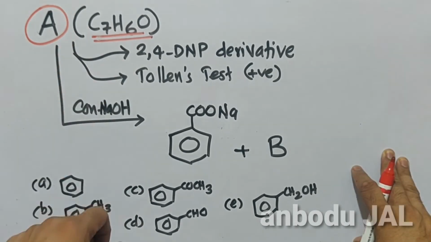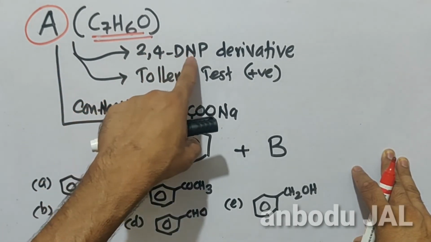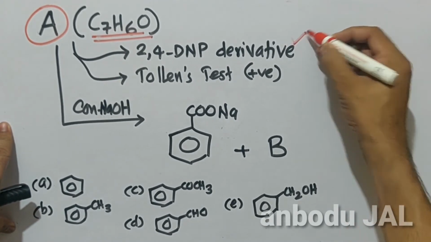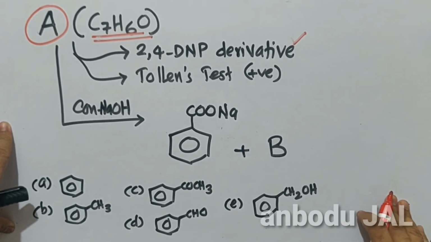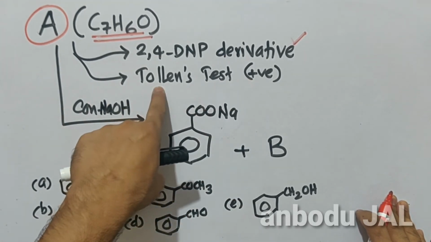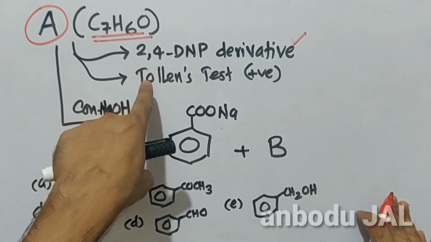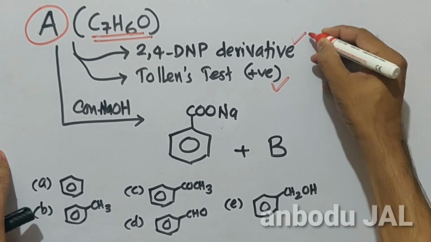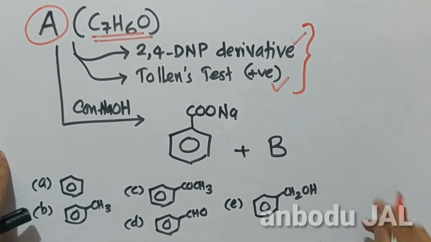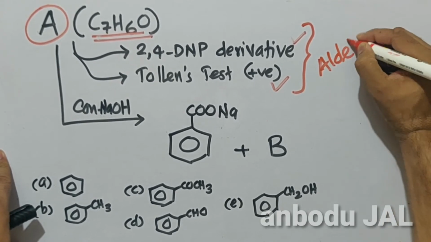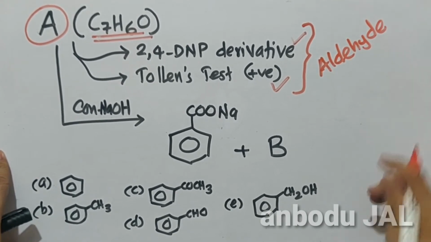When the compound is treated with 2,4-dinitrophenylhydrazine, a derivative is formed, and it also gave a positive Tollens test. That is, it reduced Tollens reagent, ammoniacal silver nitrate. So from these two pieces of information, it is very clear that the compound is an aldehyde.